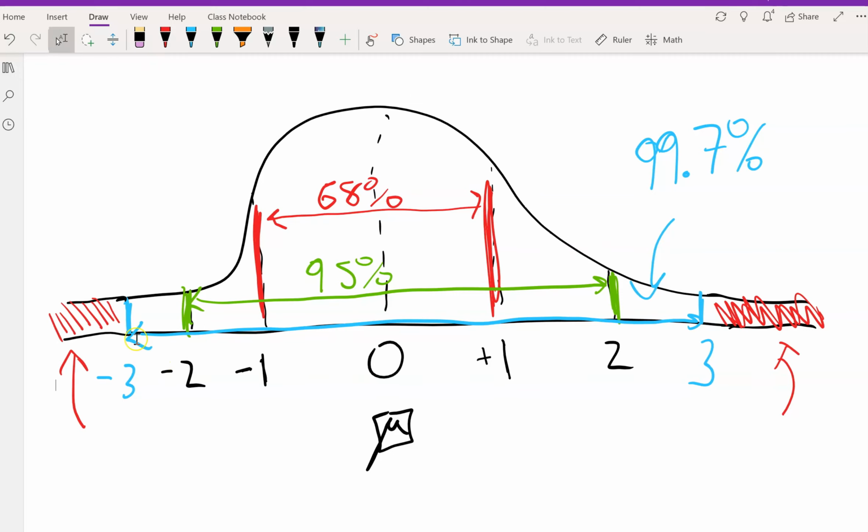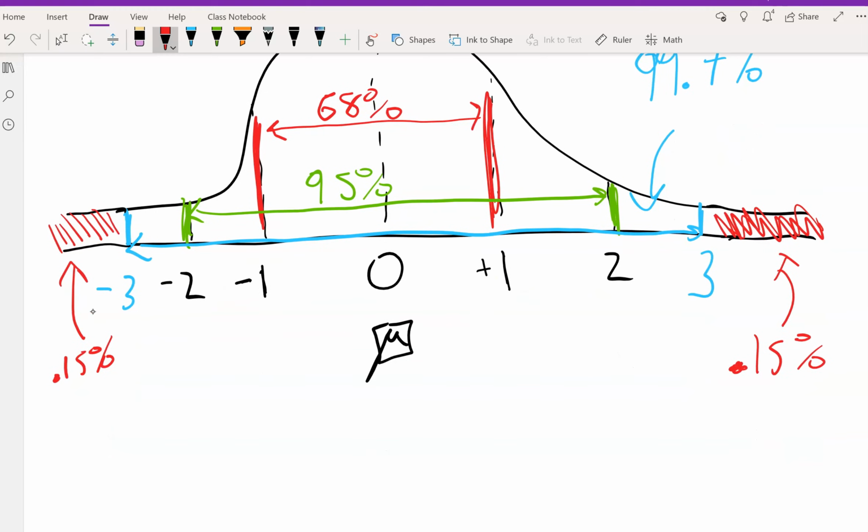If the area between -3 and 3 is 99.7% of the area, that leaves a total of 0.3% for both edges. Because this picture is symmetric, and symmetric means I can cut it in half and have carbon copies, I know that 0.15% of us will only fall above the 3, and 0.15% of us will fall below a -3.